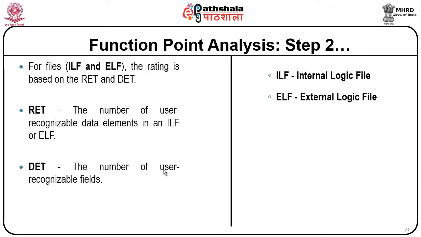For files, internal logic files and external logic files, the rating is based on the number of user recognizable data elements in an internal logic file or external logic file and the number of user recognizable fields.